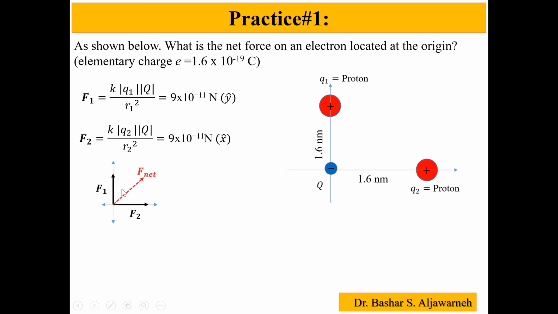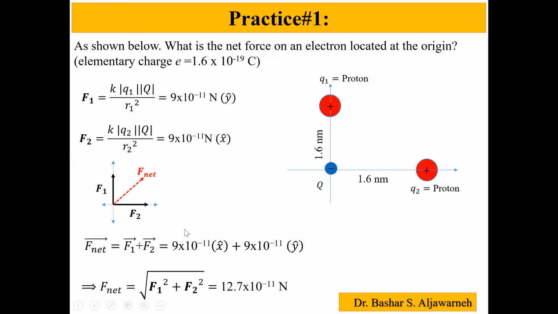Therefore, we cannot add or subtract the magnitudes of F1 and F2, because each one is in a different direction, one along the x-axis and the second along the y-axis. So I can write them as a vector combination. Now, the magnitude of the net force for this combination will be the square root of this one squared plus this one squared.